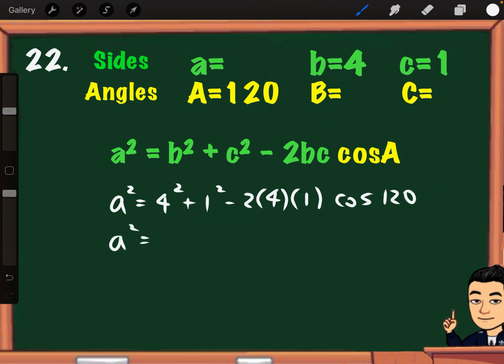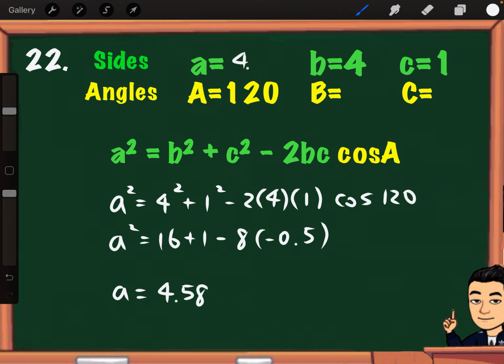So A squared is equal to 16 plus 1 minus 8 times cosine 120, which is negative 0.5. And then just go ahead and solve everything. You're going to find out that side A is equal to 4.58. Okay, so put 4.58 over here.